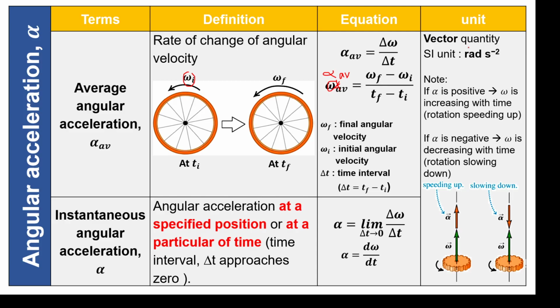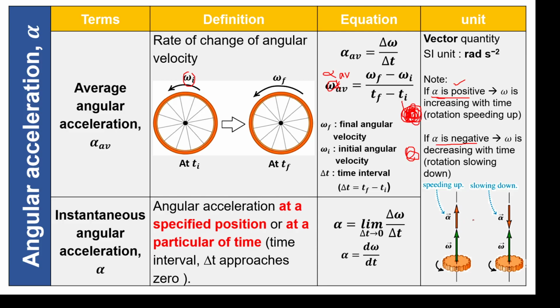Note that alpha is positive when the rotation is speeding up. If I'm spinning it and its rotation is increasing, alpha is positive. But if I'm rotating and it's decreasing with time, alpha is negative.